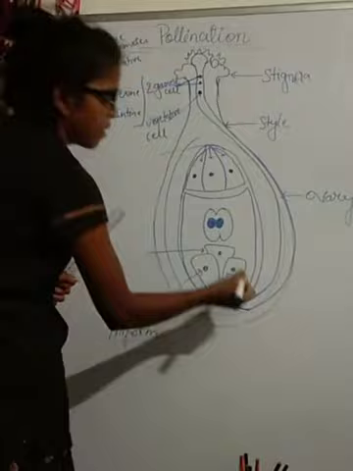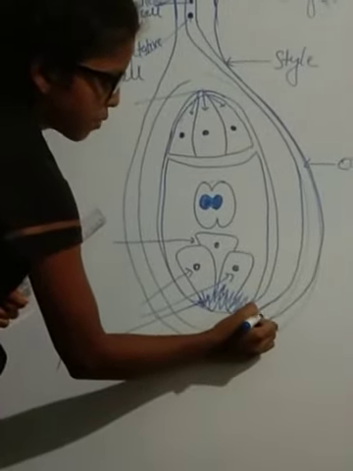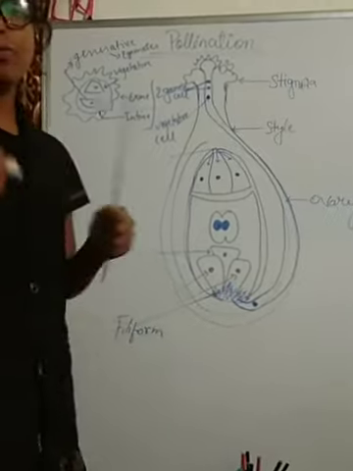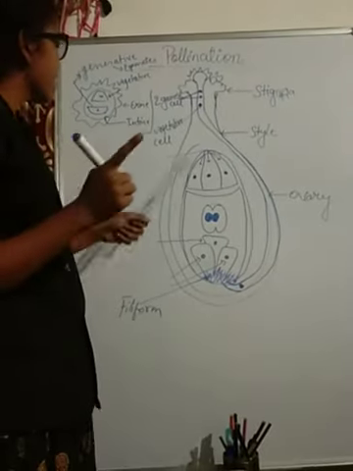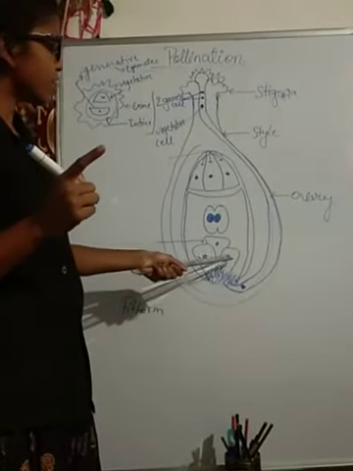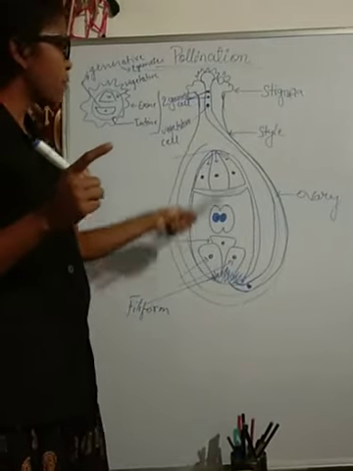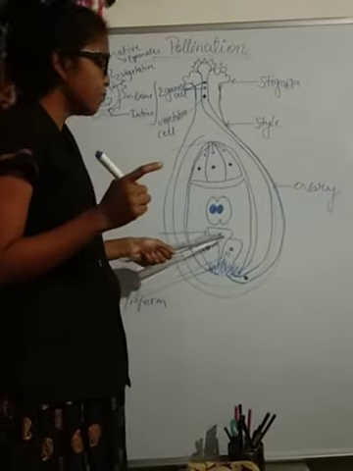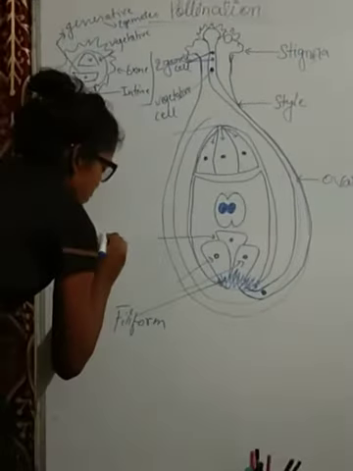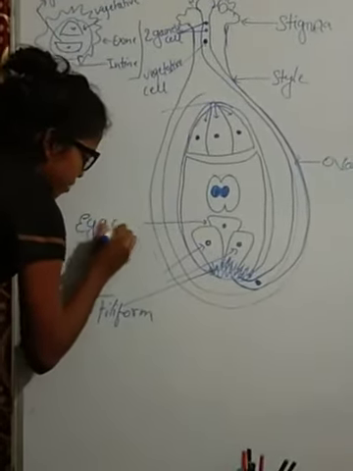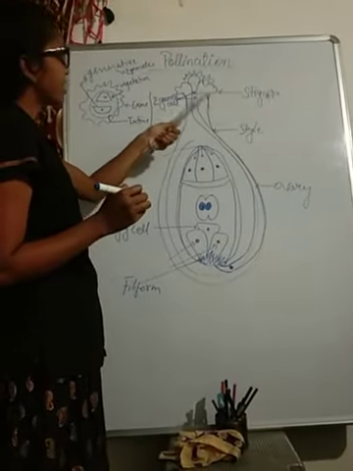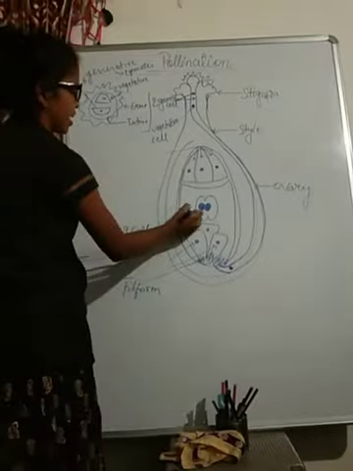What will happen? The vegetative cell will degenerate either of the synergids. Finally, one of the male gametes fuses with the egg cell, and on the other side the other gamete fuses with the central cell.